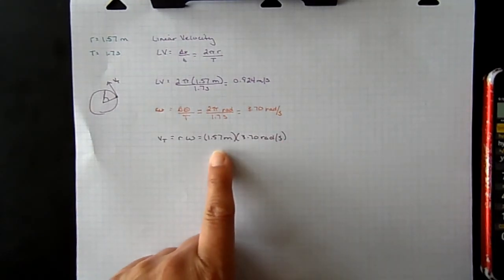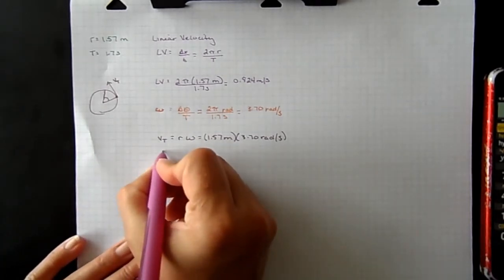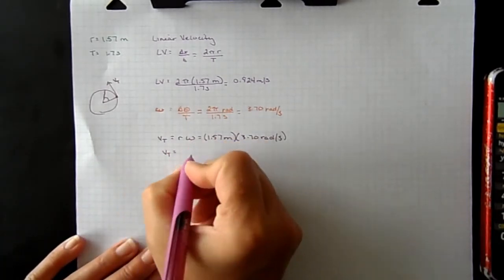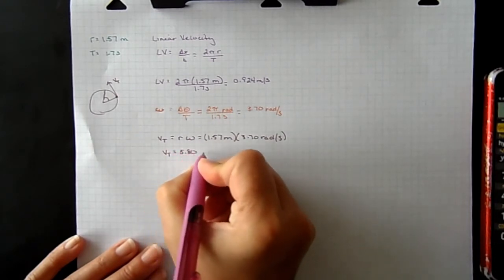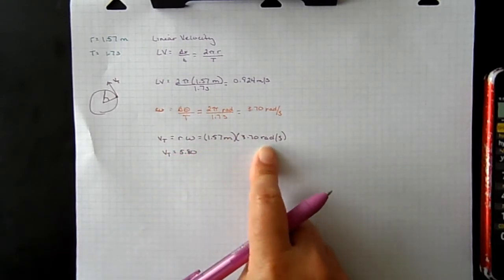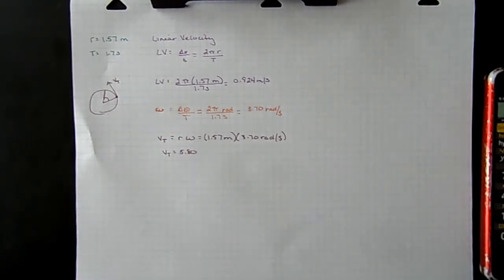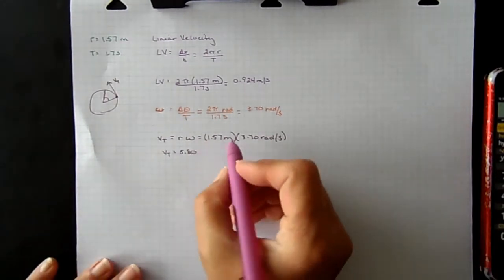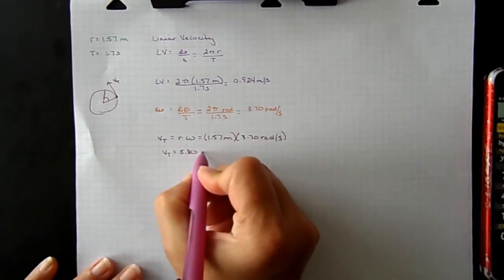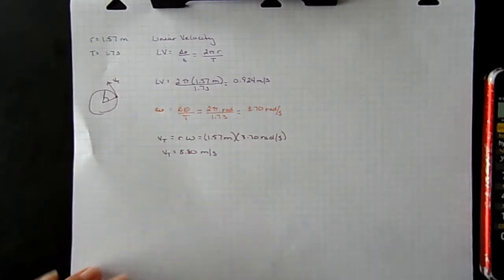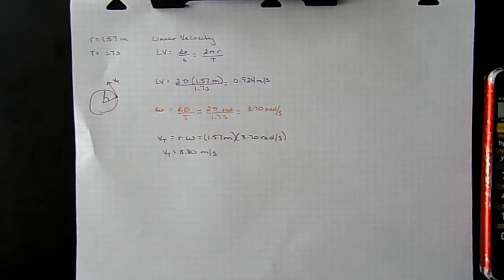We have that up already, so let's take that times 1.57. So our tangential velocity is going to be 5.80. Now remember, radians doesn't really have a label. It's a unitless quantity. So what we have is meters per second. So those are our velocities. We have linear velocity, angular velocity, and tangential velocity.